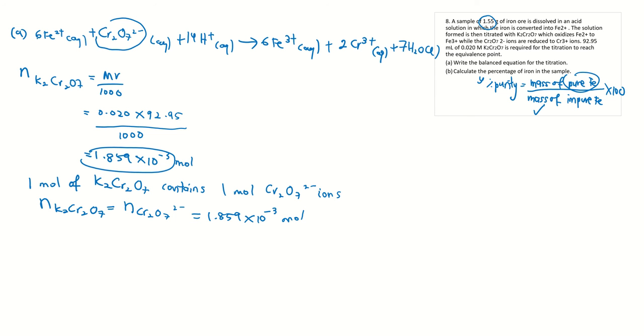Now you can do stoichiometry with iron 2+. Based on the balanced equation, 1 mole of dichromate ion reacts with 6 moles of iron 2+.